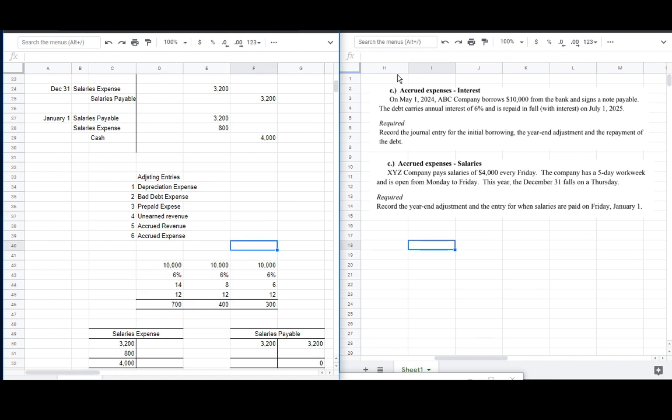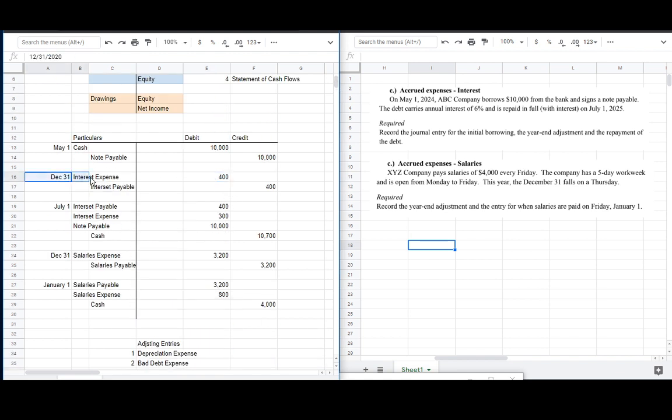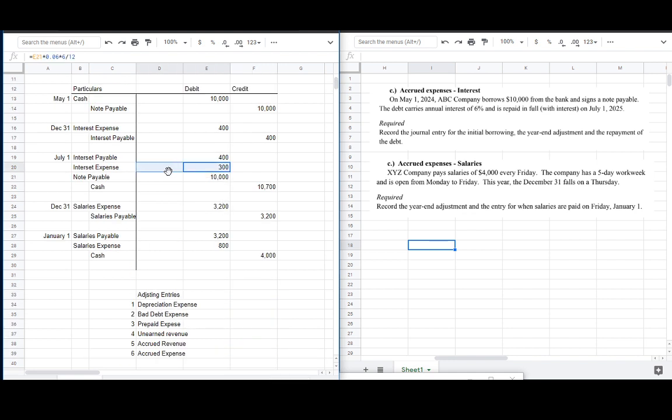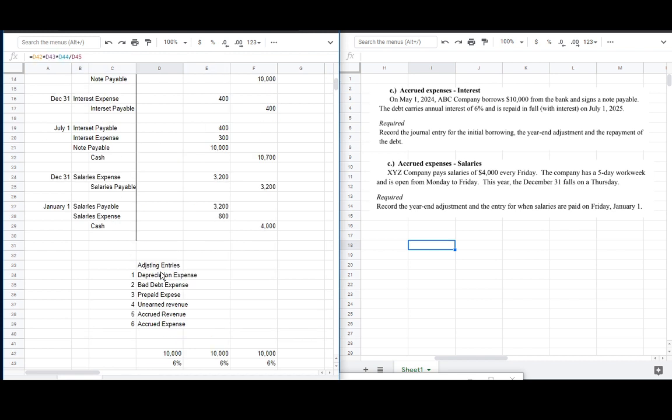But since we only recognize the interest from May to December 31, a total of 8 months, the formula is 10,000 times 6% times 8 divided by 12, and we get an amount of 400. And because on July 1 we will now recognize the 300 of expense, with the 400 that makes a total expense of 700.